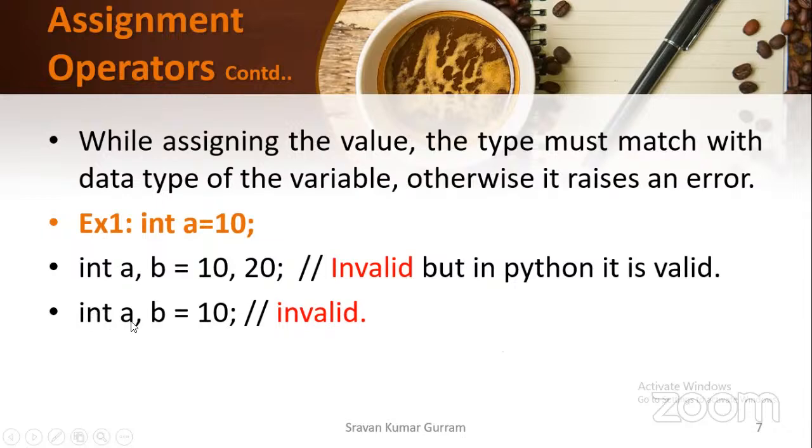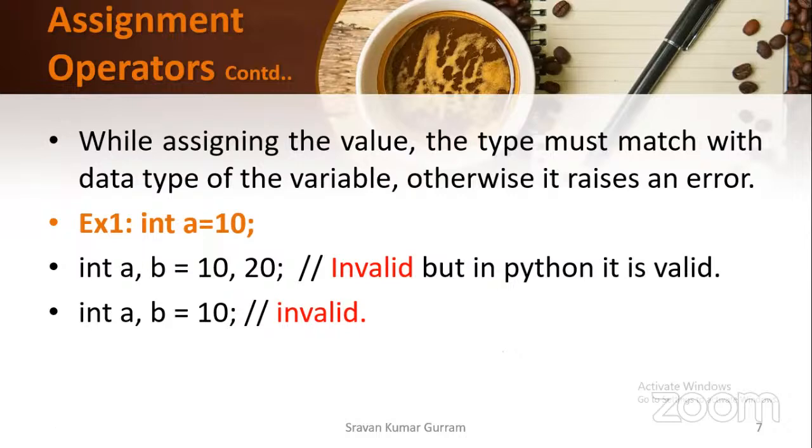Now see int a comma. Observe here, int a comma. I am not assigning any value for a. I just declared it only. If you are not assigning, that is called declaration. If you are assigning, it is assignment. Now b assignment 10. If you write like this, it is also invalid in Java.